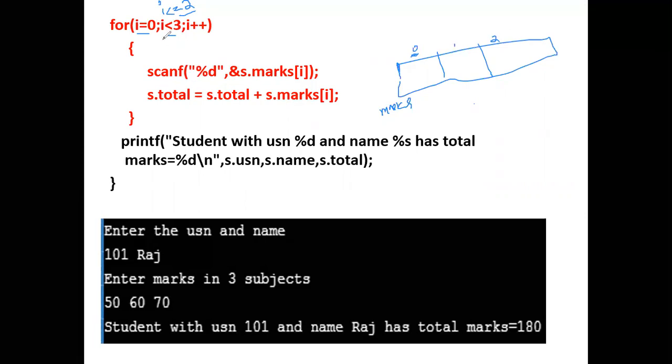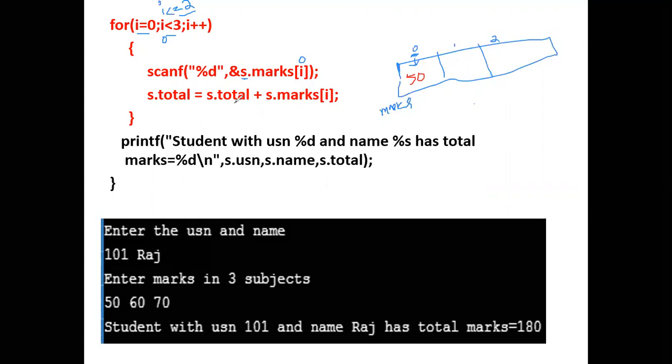Initial value is 0, 0 is less than 3, yes. We are using scanf, so s dot marks, where s is the student structure variable, marks of 0. So marks of 0 is this one. Enter the marks, so I'll enter 50. Next, s dot total.